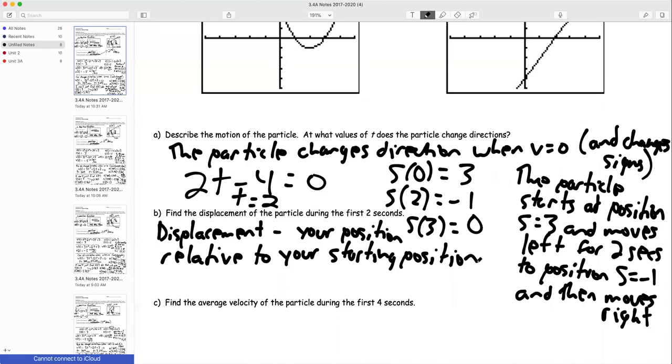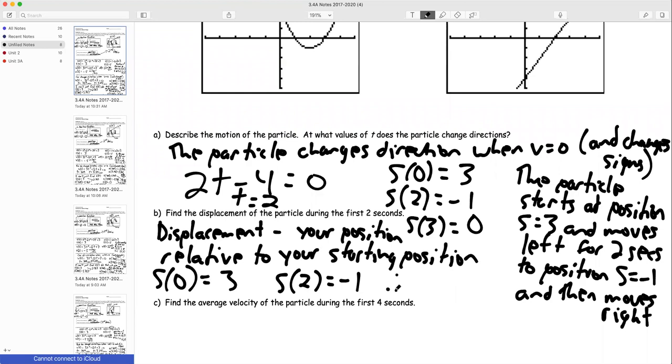It's where you are relative to where you began. So I know that I began at 3 because that is my initial position. And they want to know the displacement at 2 seconds, and I already found S of 2. S of 2 is equal to -1.